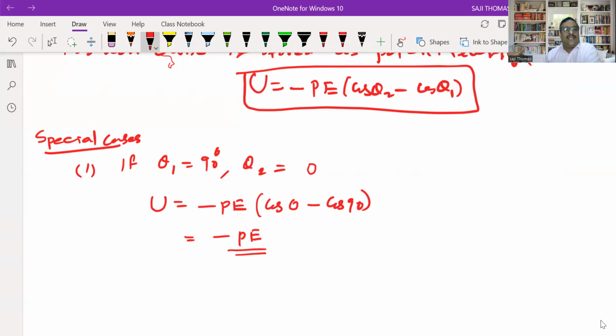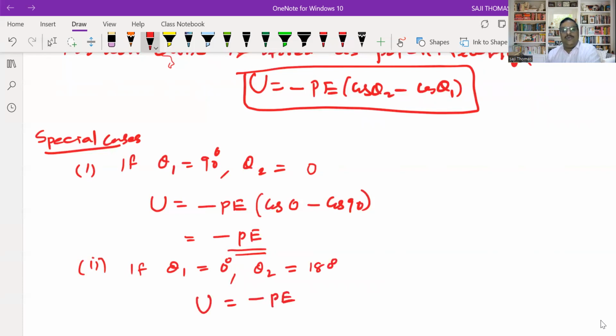Okay. Second case, if theta 1 is 0 degree, initially dipole was along the field direction. Theta 2 is 180 degree. Then what will be U?